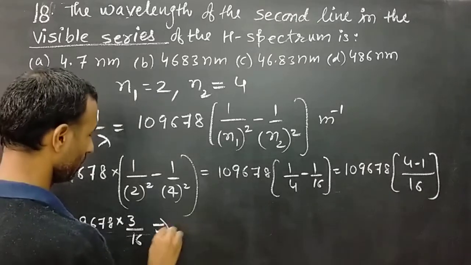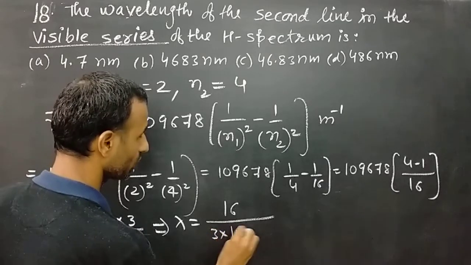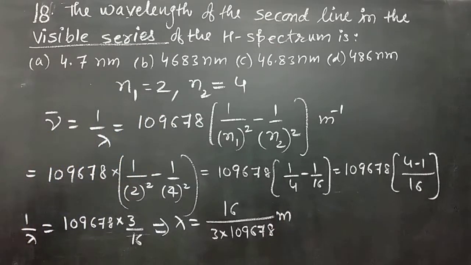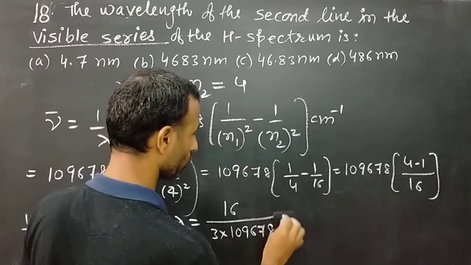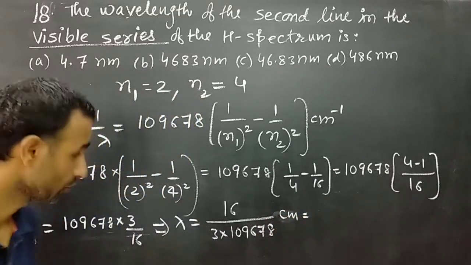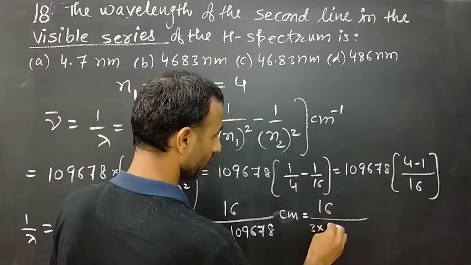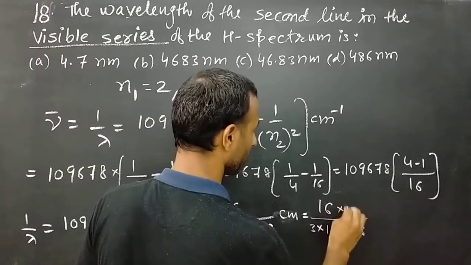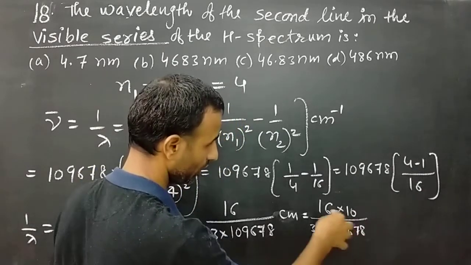So that implies lambda is equal to 16 over 3 into 109,678 per centimeter, so it is now in centimeter. So that can be written as 16 divided by 3 into 1.09678 into 10 raised to power 5, from here and 2 from here.